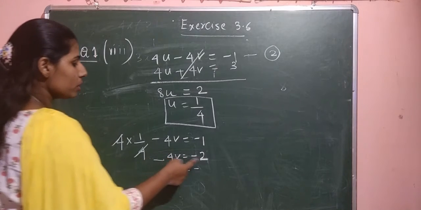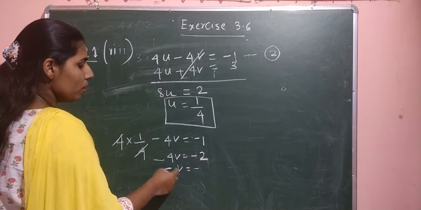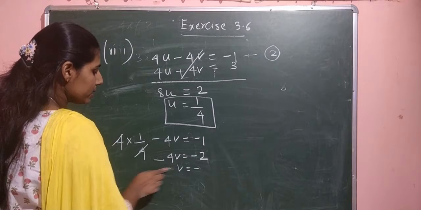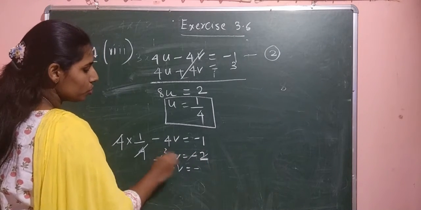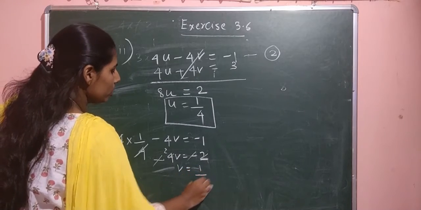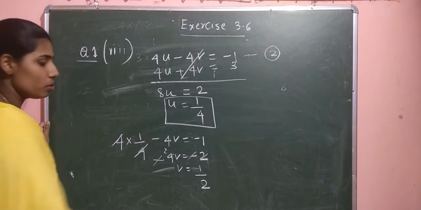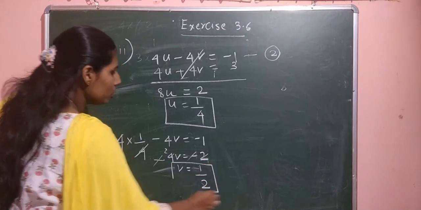So minus 4v is equal to minus 2. So minus will go that side, so minus and minus will get cancelled. 2 and this will be 2. So v, I will get it as 1 by 2. Right? So the value of v will be 1 by 2.